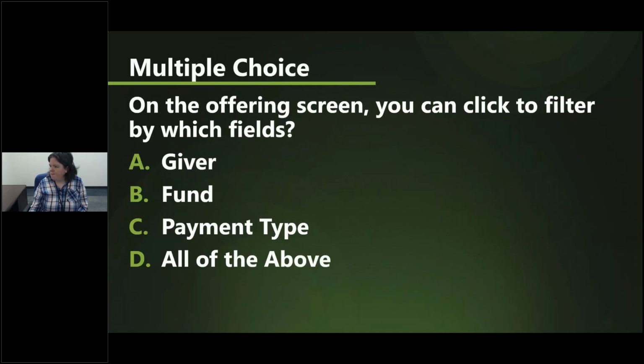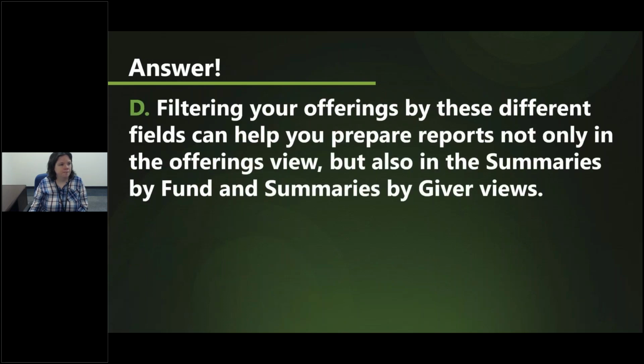Next, we have a filter question. On that offerings view, what fields can you filter by? The giver name, the fund, the payment type, or all of the above? Can't get anything past you guys.